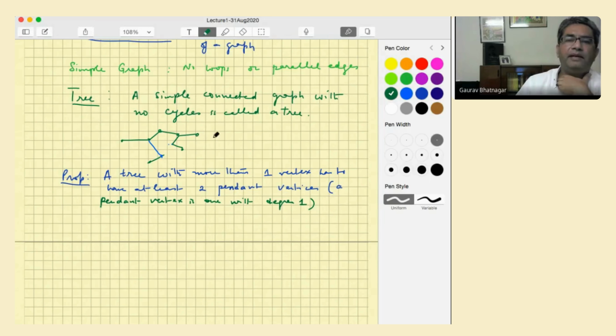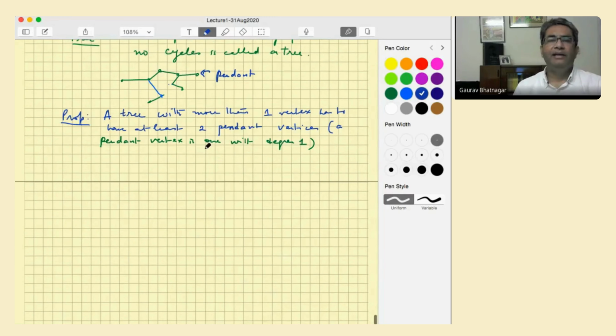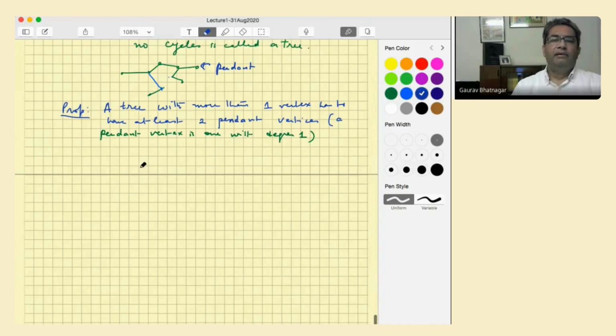So this is a pendant vertex. This is a pendant vertex. So it's left hanging there. This is internal. So this has degree 1.